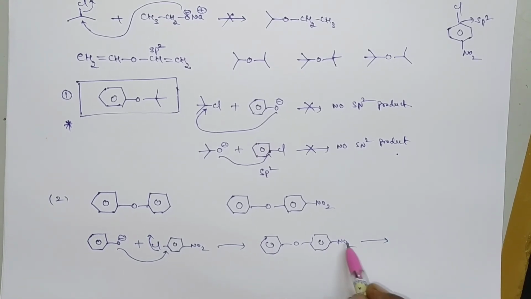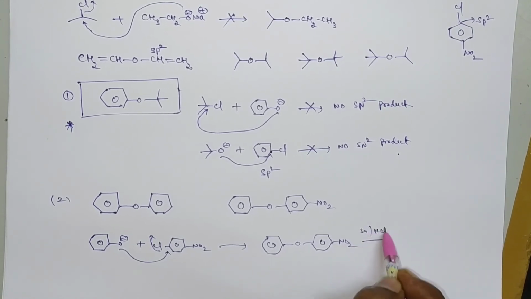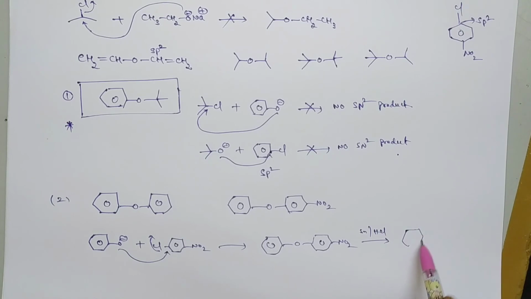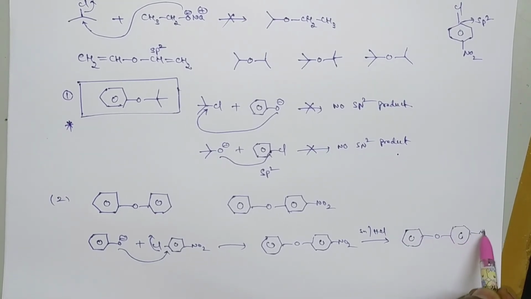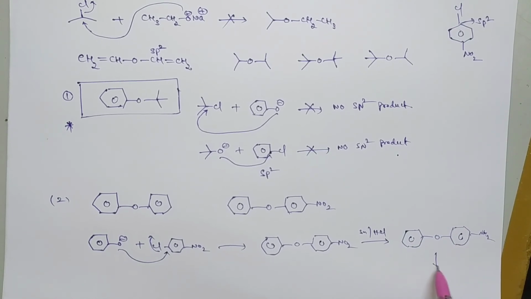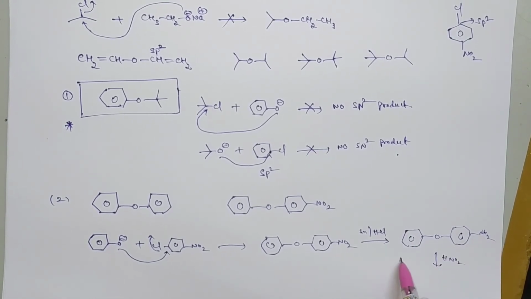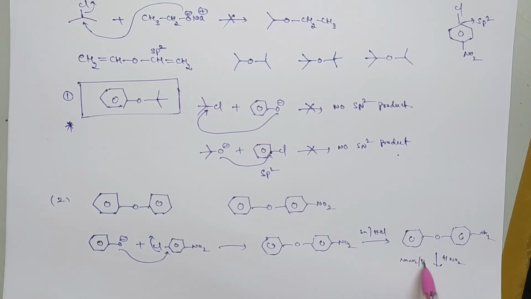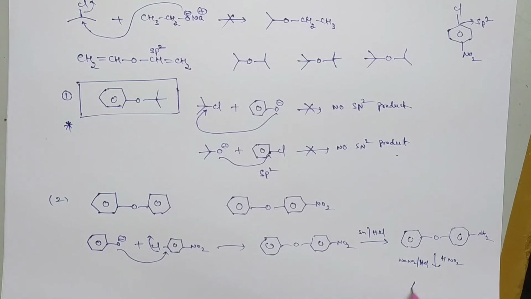This para-nitro product can be converted, with NO2 replaced by H, by using a sequence of reactions. First we have to reduce this one. NO2 can be reduced by using tin and HCl, so it produces NH2. This NH2 can be converted to H by treating with NaNO2 and HCl, or HNO2, to produce the N2 plus ion.